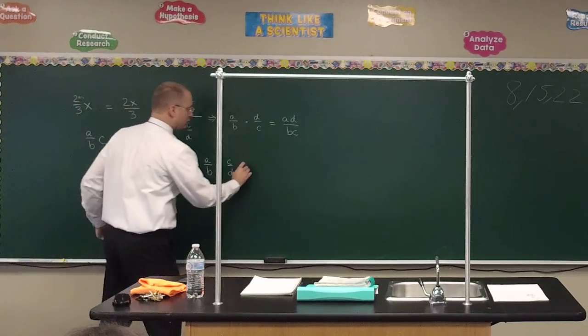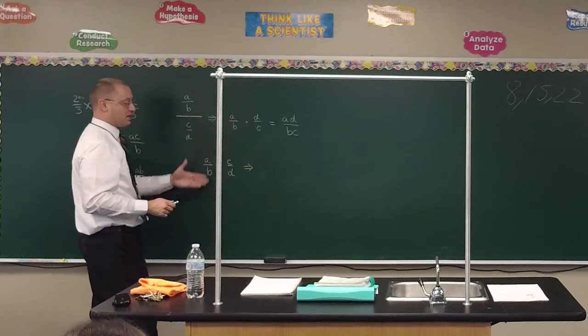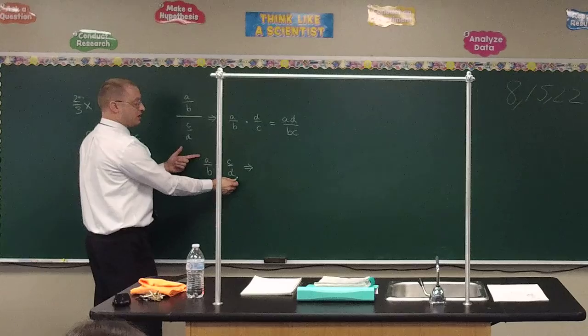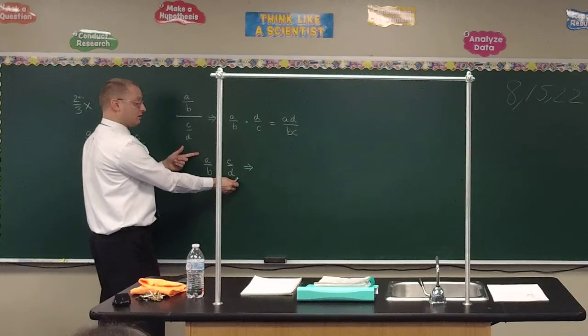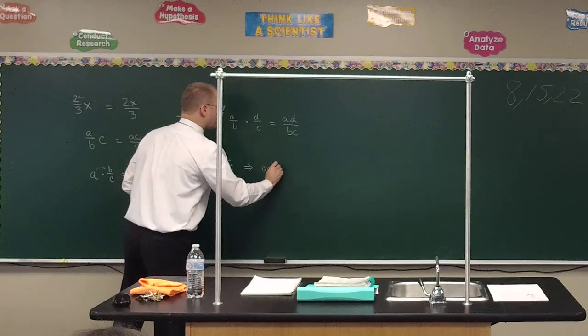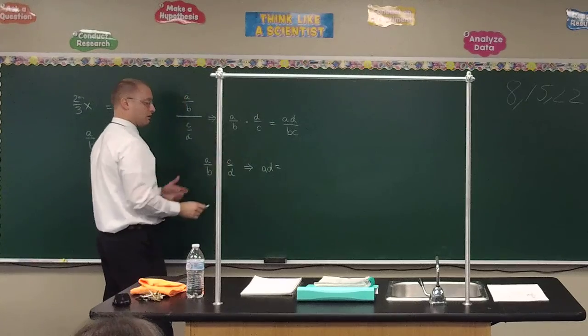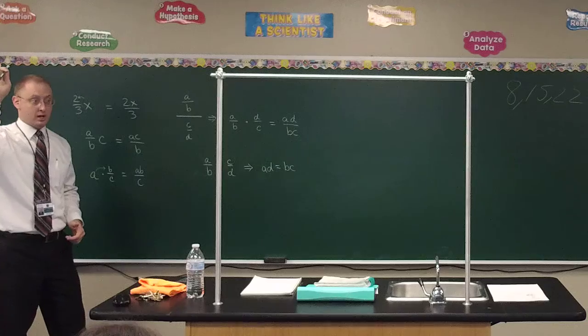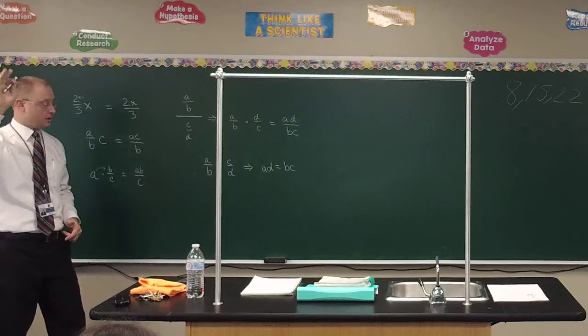Cross multiply. So if you were to have this proportion, A is to B as C is to D, we would simply cross multiply. We'd say that the product of the extremes, class, AD, equals the product of the means, BC. We remember cross multiplication from past classes.